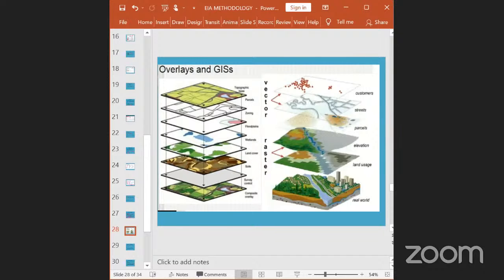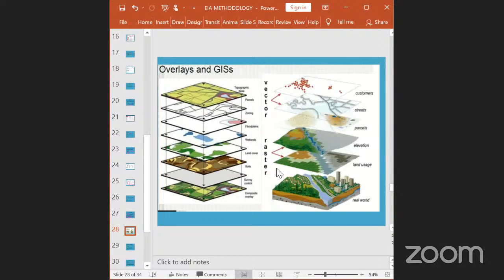You see the figure showing the superimposed maps here: water, settlements, floodplains and wetlands, land use, land cover, soils, and also composites. These methods are spatially oriented. They can very clearly show the spatial aspects of cumulative impacts.